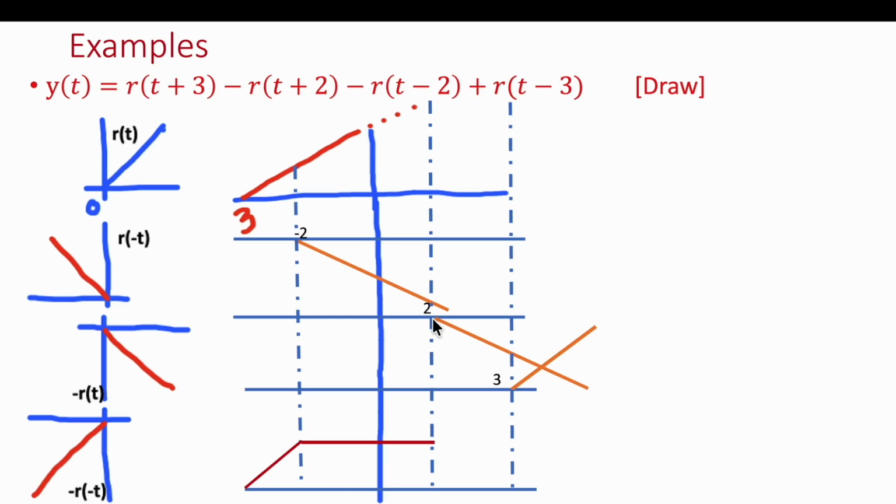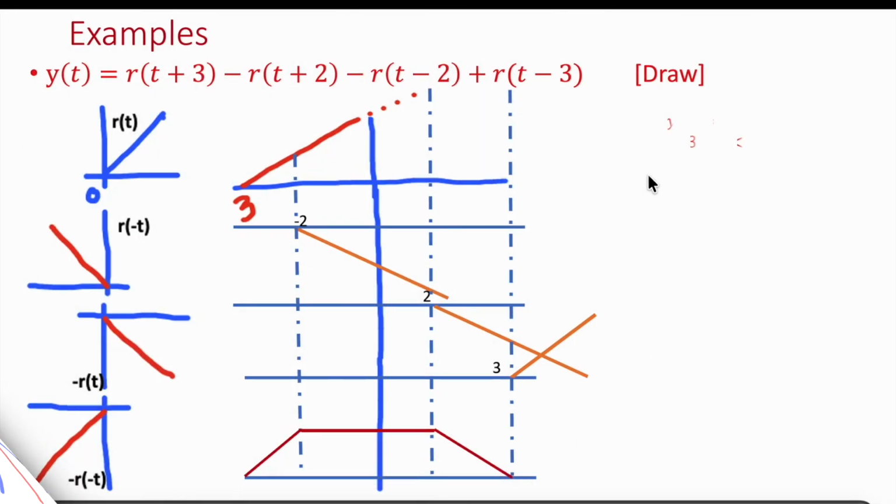From 2 to 3, two signals cancel each other, but you only have the third signal, so you end up with that signal. Then from 3 to infinity, these signals cancel each other, and the answer is 0. That is what you have drawn graphically.